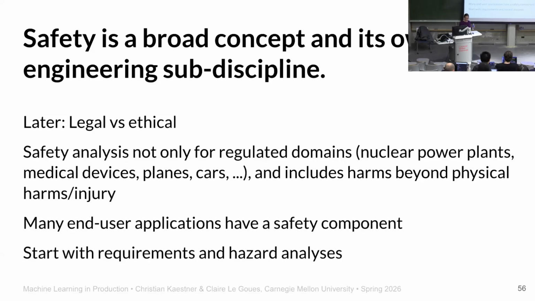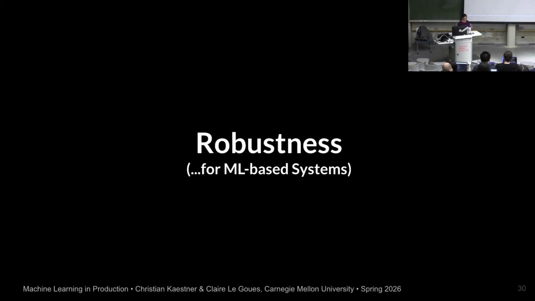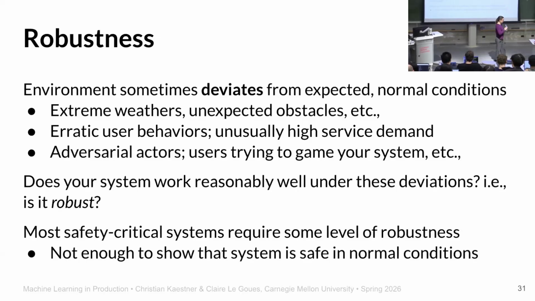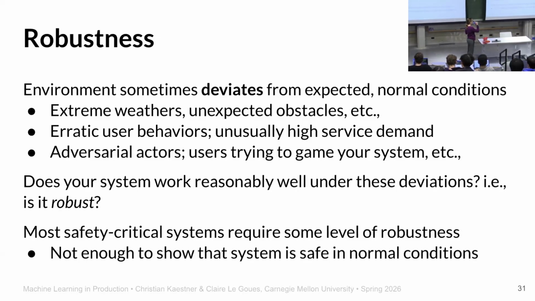Okay, now I will talk about robustness. Here's the thing with robustness. Robustness in software and reliability in software have often slightly different meanings. In the classic safety engineering sense, it comes from the fact that the environment will sometimes deviate from the expected normal conditions.